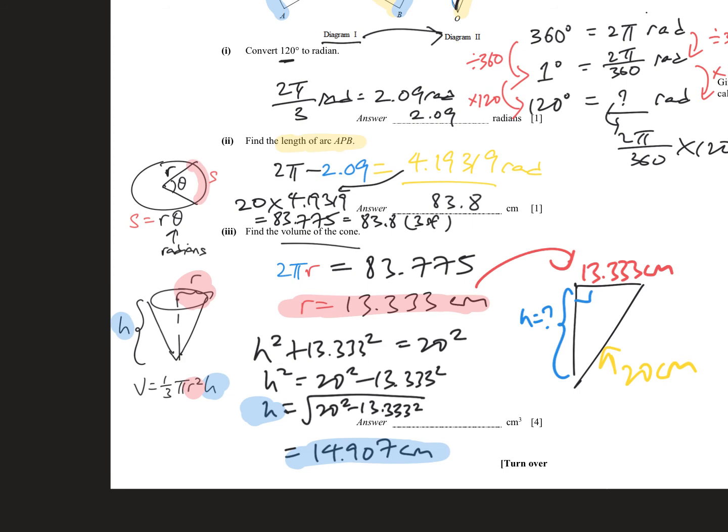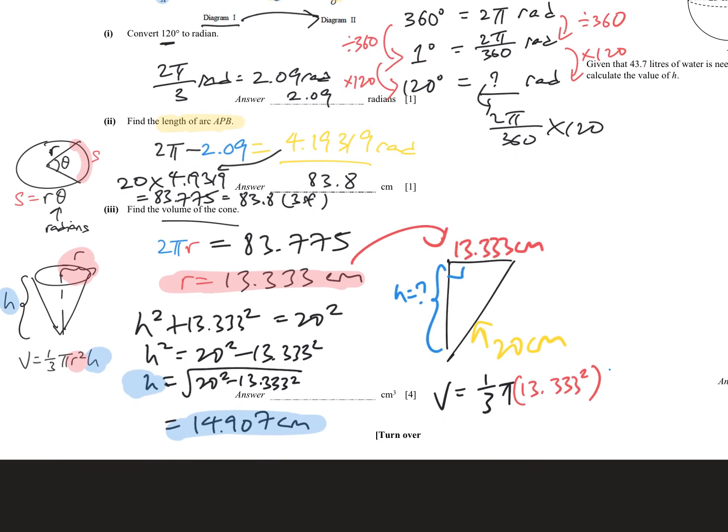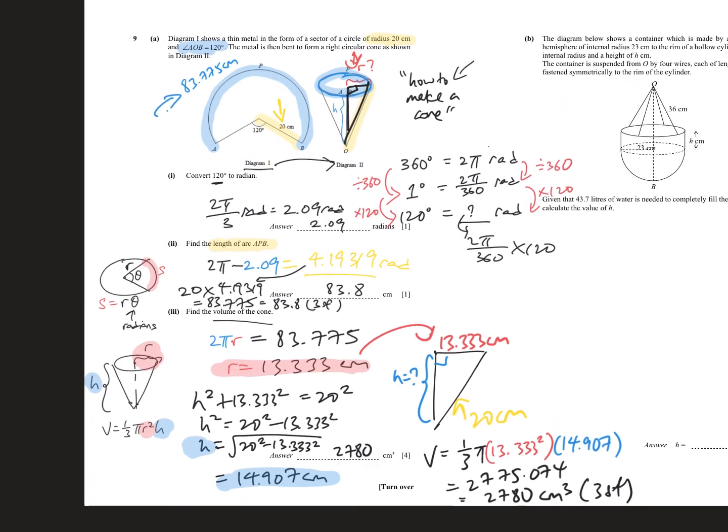So this final volume of the cone is 1/3 pi r square multiplied by h, with r being 13.333. There you go. Key it all in. What you get is 2775.074 in 3dp, and then let's just make it 3SF in the O-level way. There you go. 2780. Let me zoom out so you can take a look.